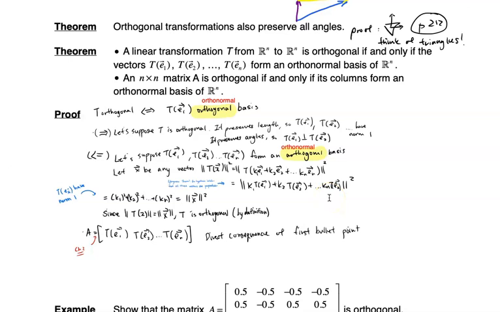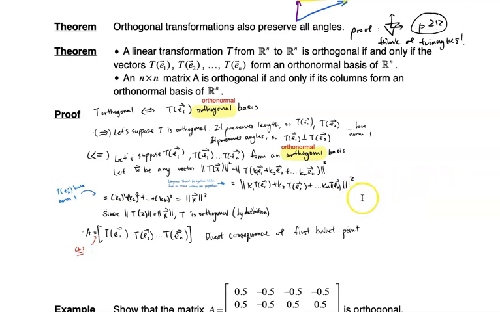Secondly, T of Ei equals 1. The norm of T of Ei equals 1. So each of these norms is actually just k1 squared, k2 squared, and so on until kn squared. So we've used the two parts of T of Ei being orthonormal. We first used the fact that it's perpendicular to write the Pythagorean theorem, which is a part that maybe is missing here.